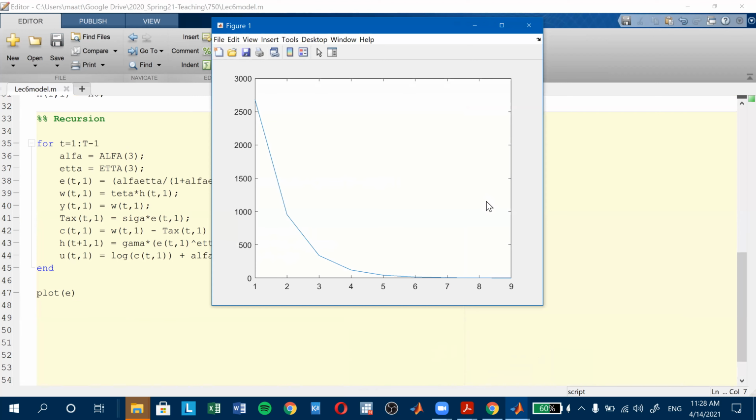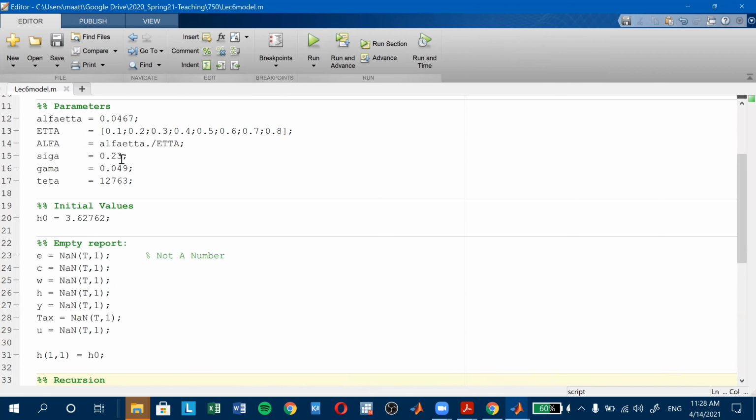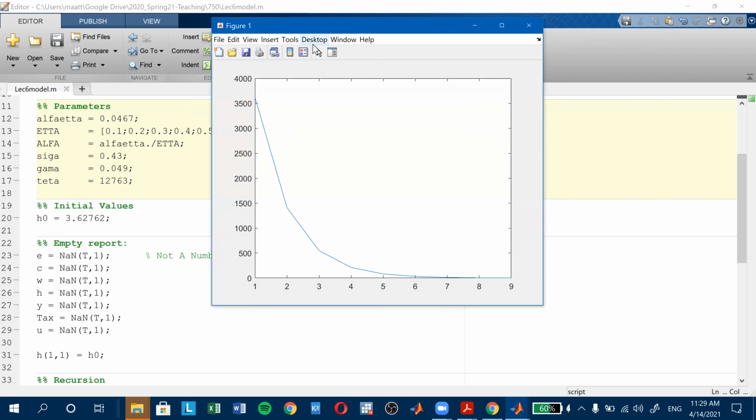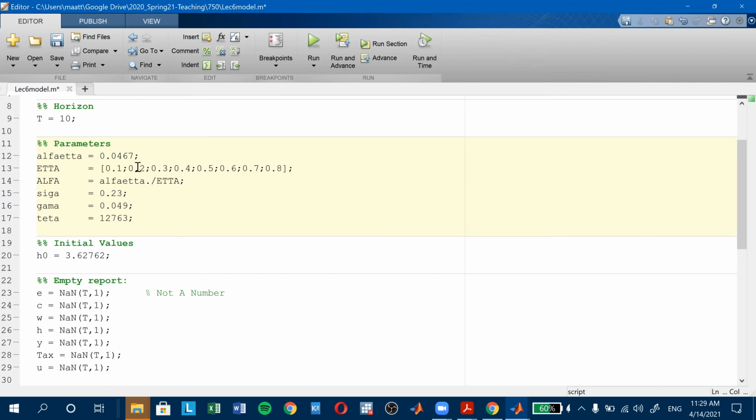Okay, so the model does not have growth under this parameterization. Let's increase sigma a little bit. Let's do this. No, it continues. Okay. All right, there's a problem here that I cannot see right now.